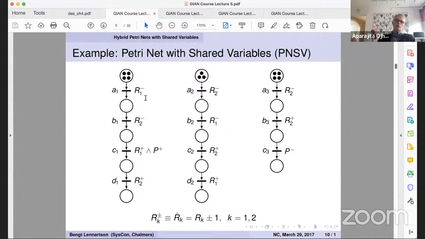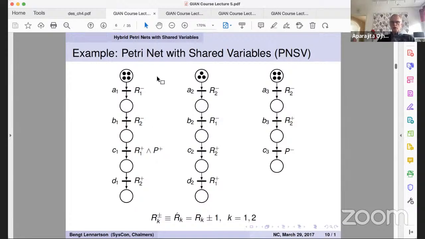So I would say that this means that we book R1, this means that we book R2, this means that we release R1 and R2, and here we have the opposite, that we book first R2 and then R1, and then we release R2 and then R1, etc. So I argue that this is easier to understand and to read.